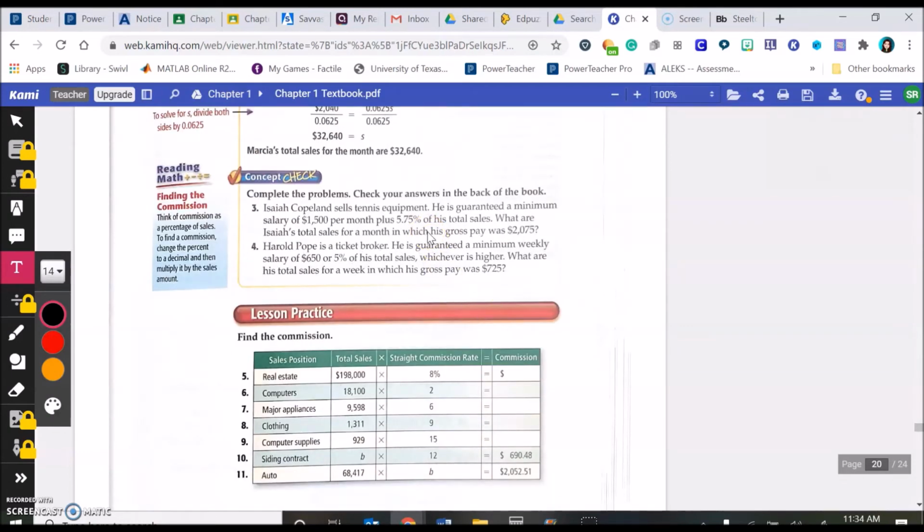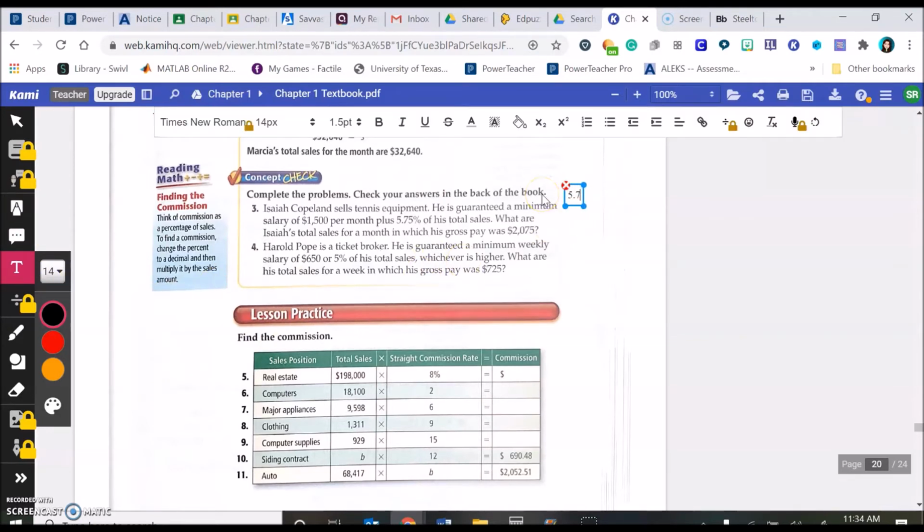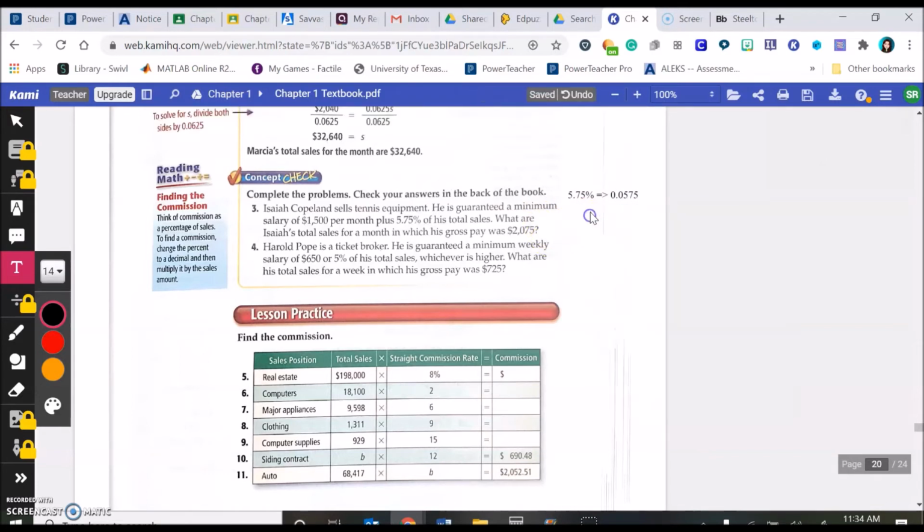All right, let's look at some of the problems. Isaiah Copeland sells tennis equipment. He's guaranteed a minimum salary of $1,500 per month plus 5.75% of his total sales. I'm going to change 5.75% to a decimal, 0.0575. What are Isaiah's total sales for a month in which his gross pay was $2,075?